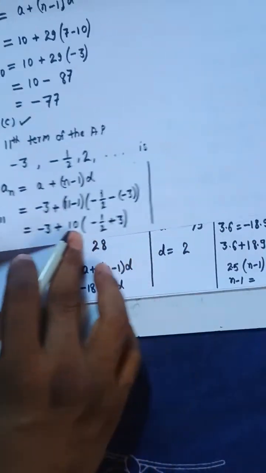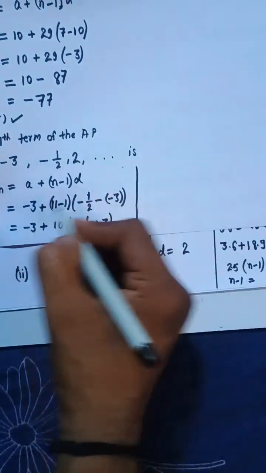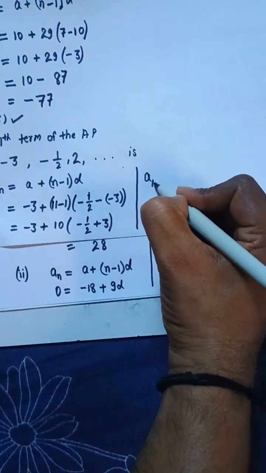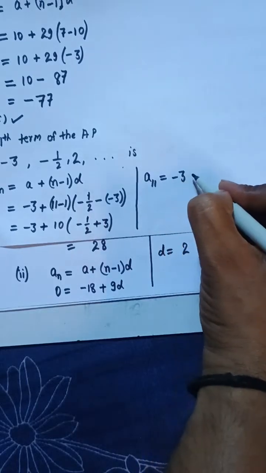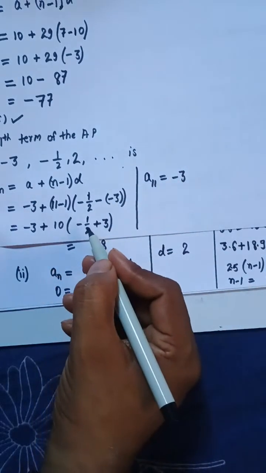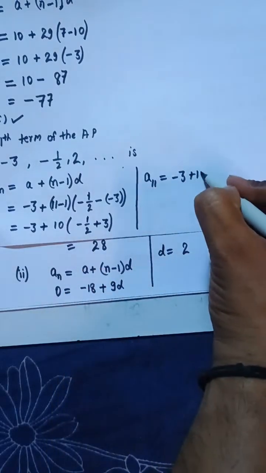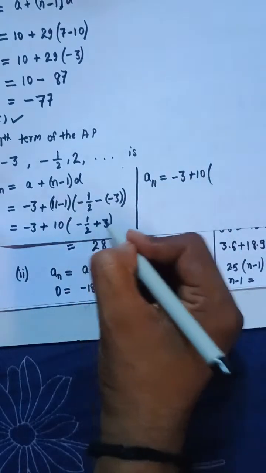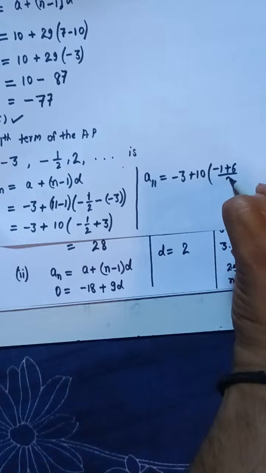So we have here this value a11, -3 and 3 minus half is 2.5, right? 10 into 2.5 is 25.